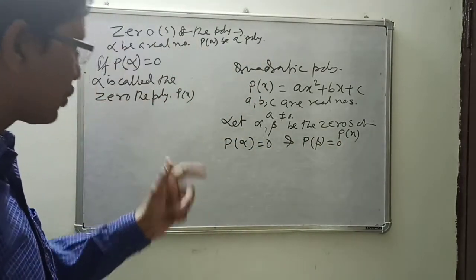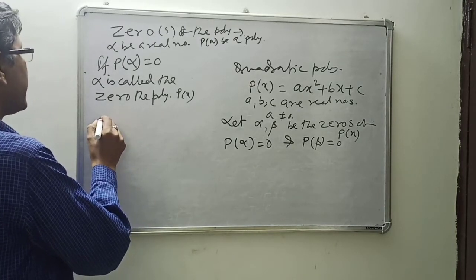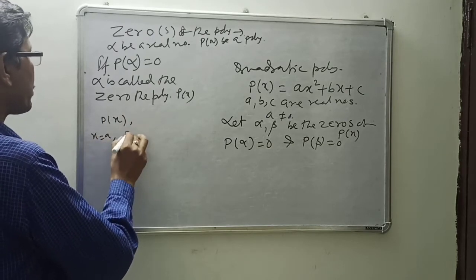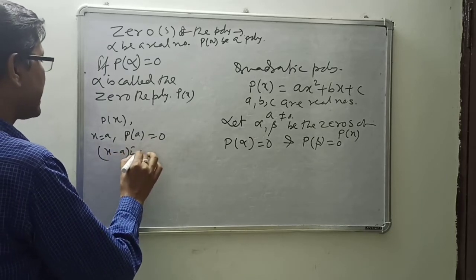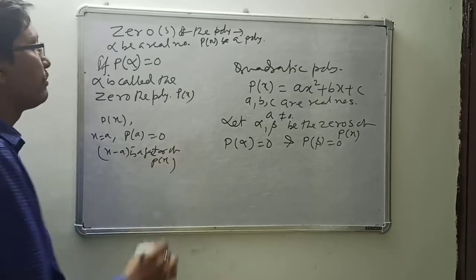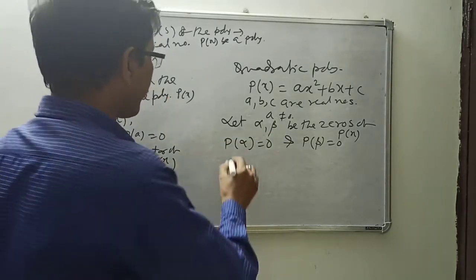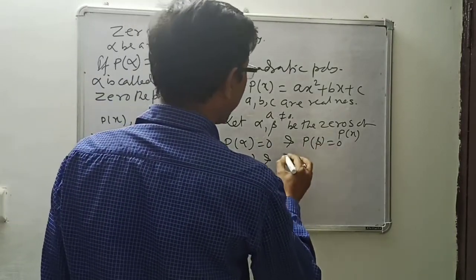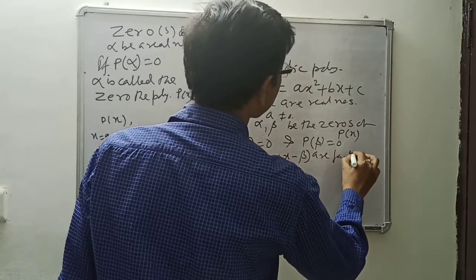From the factor theorem in class 9th, if p(x) is a polynomial and if we put x equal to a and p(a) equals 0, then x minus a is a factor of p(x). So since p(alpha) equals 0, x minus alpha is a factor, and similarly x minus beta is also a factor of p(x).